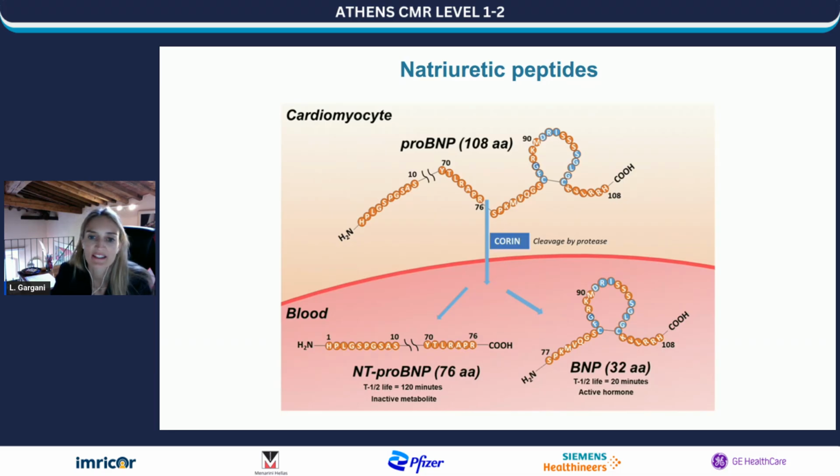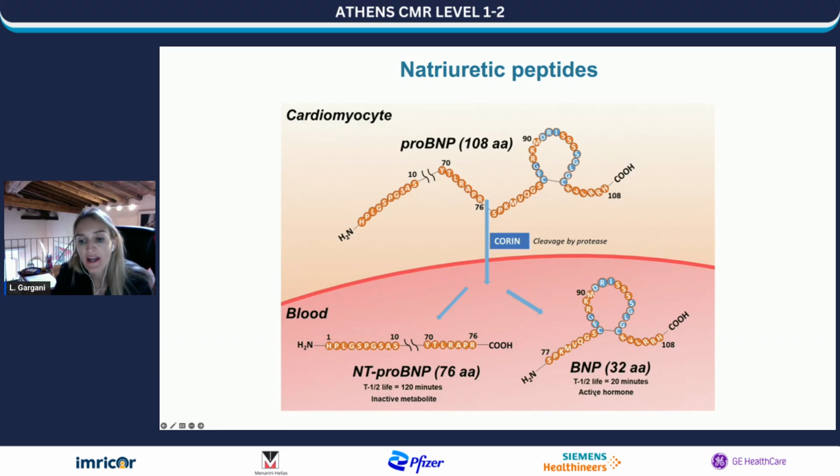These are fantastic biomarkers. They are hormones actually present in the cardiomyocytes. You can find the proBNP in the cardiomyocytes, and then when it is released in the bloodstream, the proBNP is divided in an amino terminal part, which is the NT-proBNP, which is the non-active part of the natriuretic peptides. And we have a BNP, which is the active part and a smaller molecule.